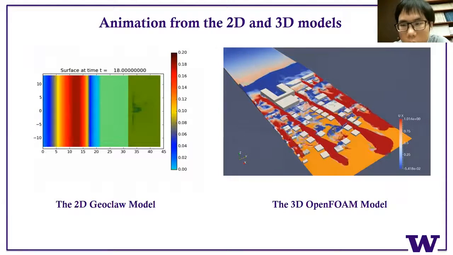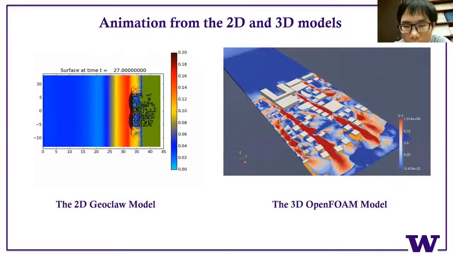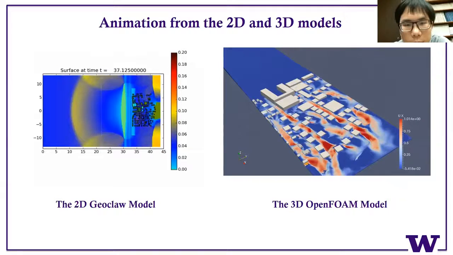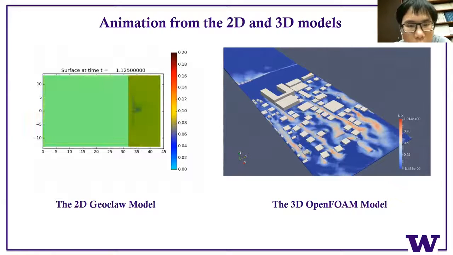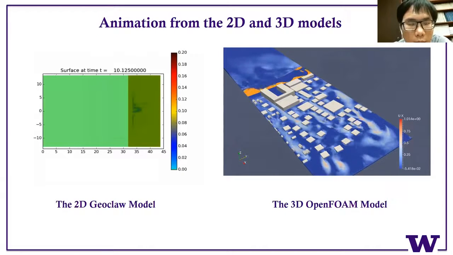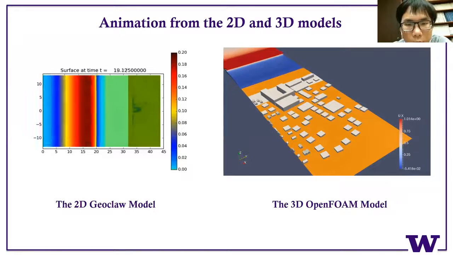For the 3D model, it's only a subsection of the entire domain, and we have 4 subsections like this. For the 2D model, you can see it's actually able to model the entire rectangular domain at one time.